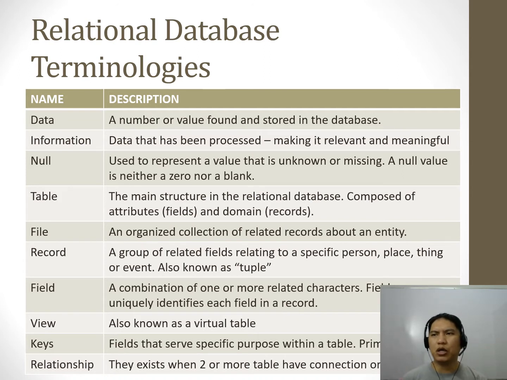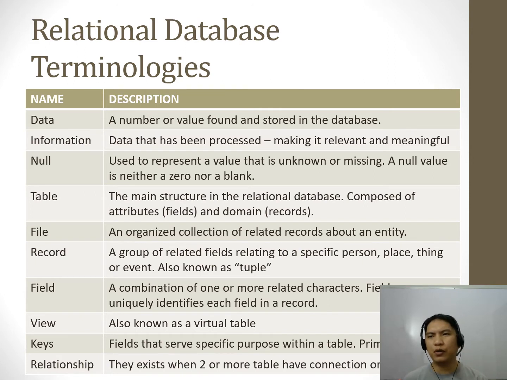Table, the main structure in the relational database, is composed of your attributes, which are also called fields, and domain or records, which could also be considered as rows. Then you have file. The file is an organized collection of related records about a particular entity.